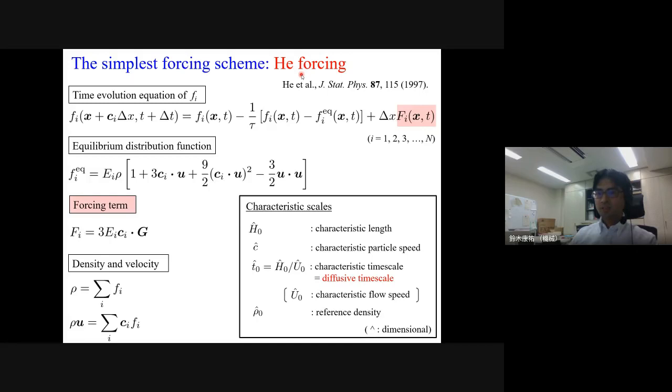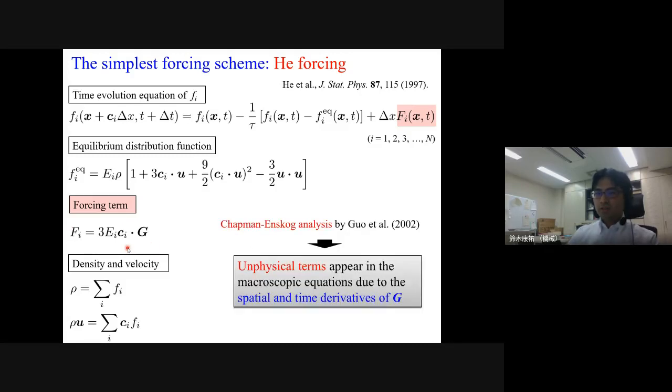In this presentation, we consider the single relaxation time LBM with the non-dimensional variables normalized by the characteristic variables as shown here. Especially, we use the diffusive timescale. In this scheme, the forcing term is added to the time evolution equation of the velocity distribution function, and this forcing term is given by this simple form.